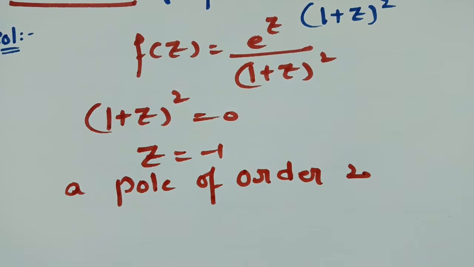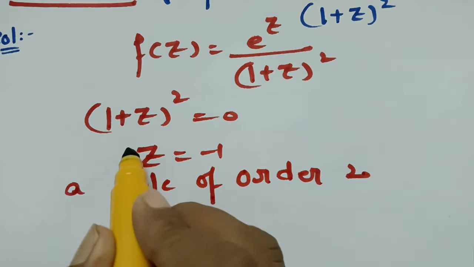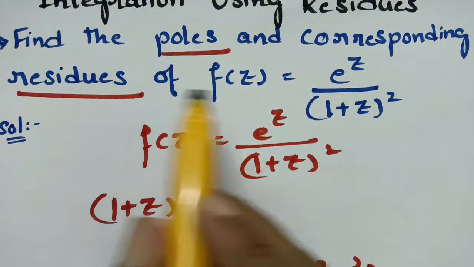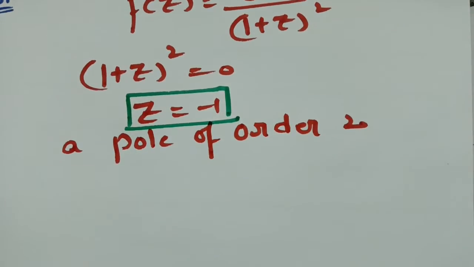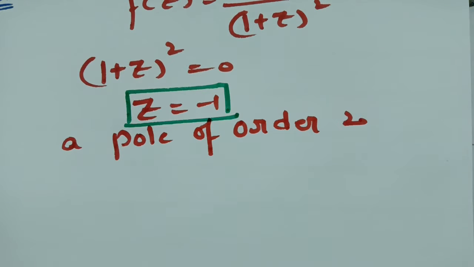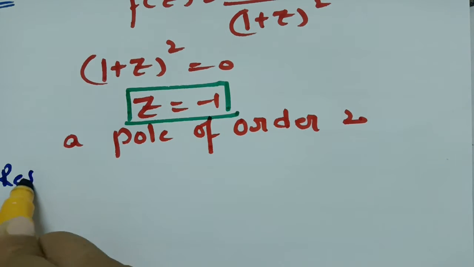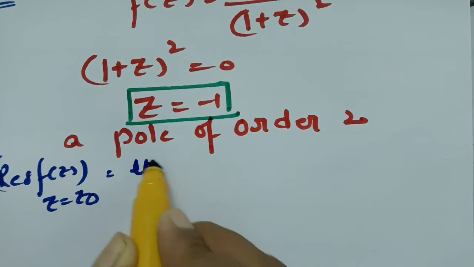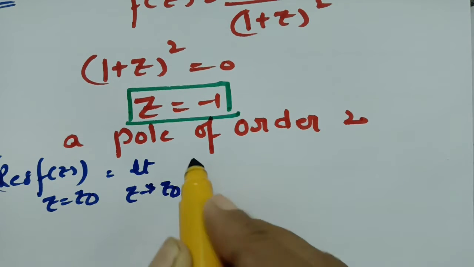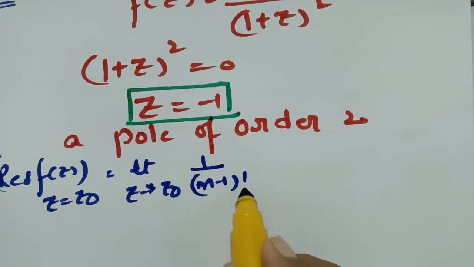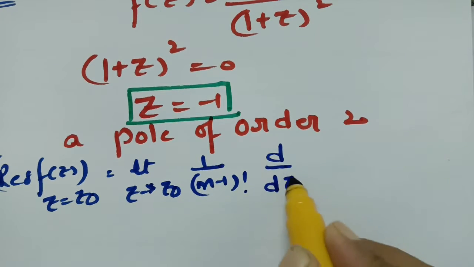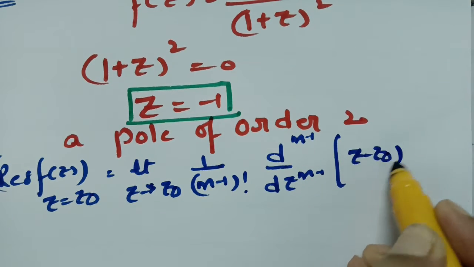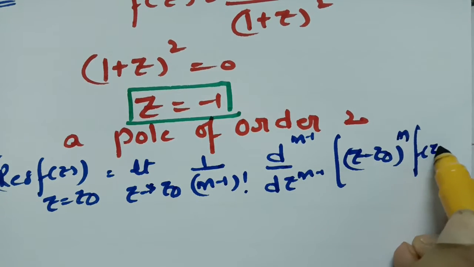Now we have to find the corresponding residue for this. So the pole value is z is equal to minus 1. Corresponding to this pole, we have to find the residue value for f of z. So here our formula is residue of f of z at point z is equal to z naught is nothing but limit z tends to z naught 1 by m minus 1 factorial into d by dz power m minus 1 into z minus z naught power m into f of z.